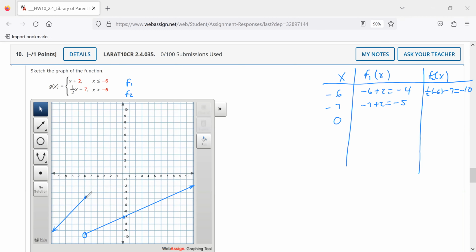All right, that's all there really is to say. I thought there was more to it, but we're just graphing two lines. Just need to make sure we understand that there's restrictions on both lines. That's it.